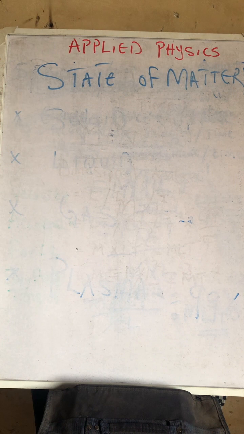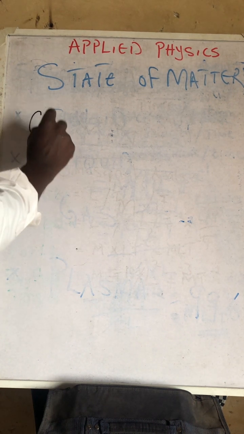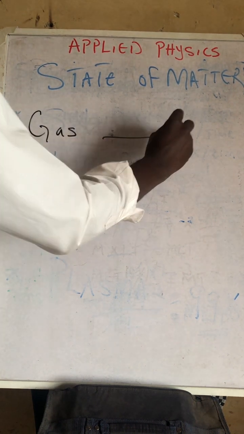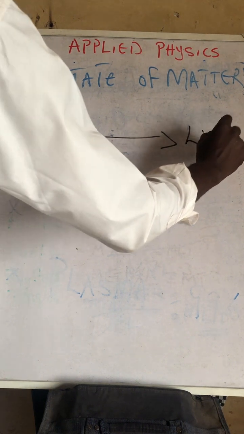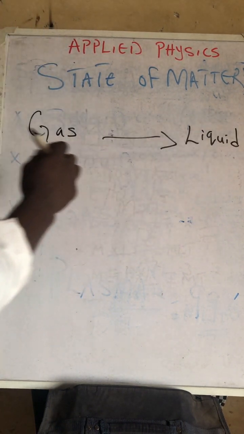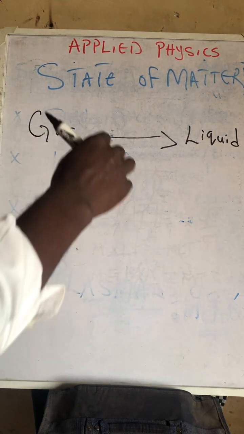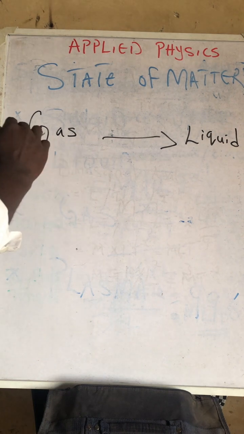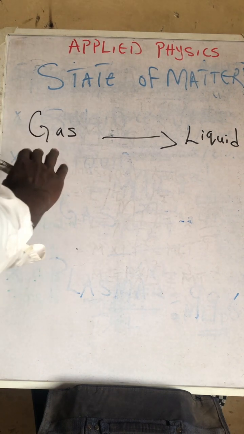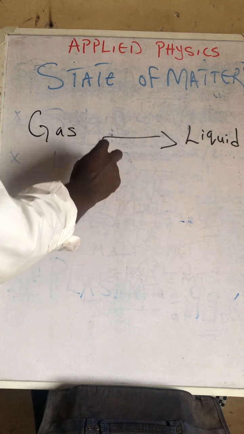So this is gaseous state to liquid. Now, the process whereby a gaseous state is converted to liquid state is called what? Condensation.